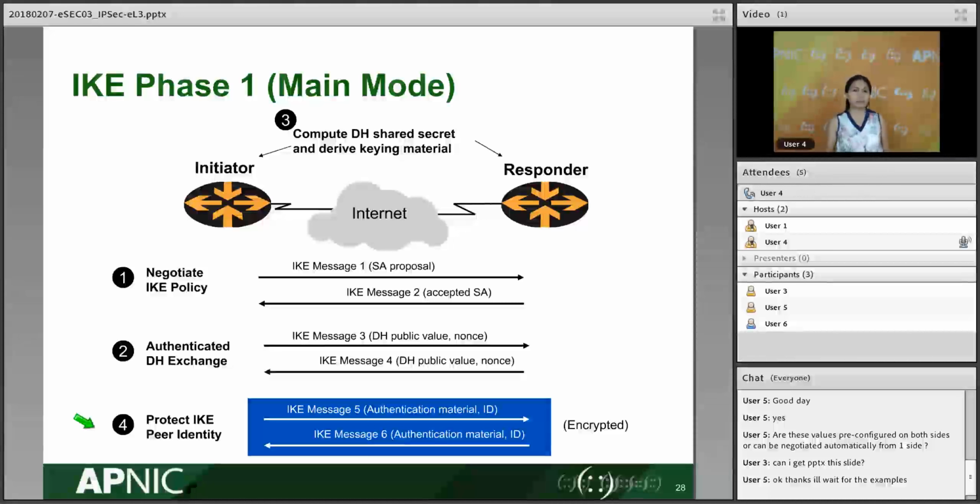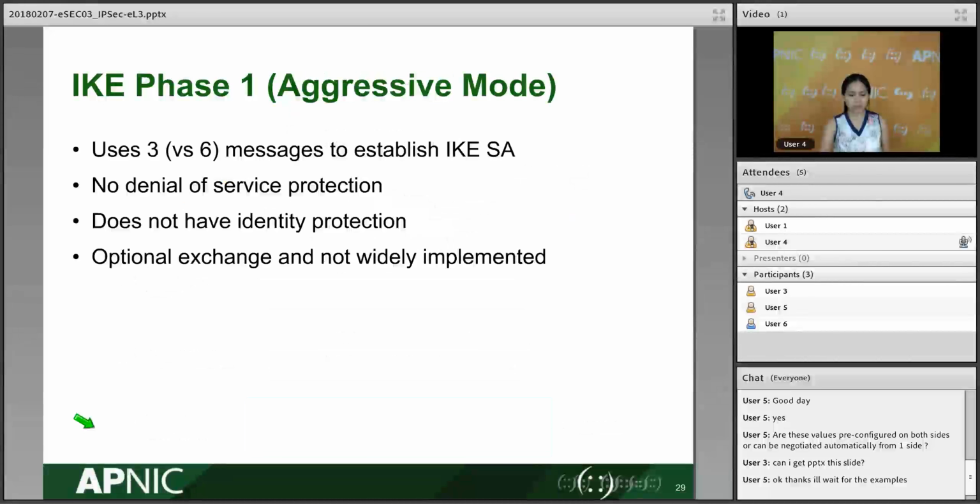So authentication materials, nonces, and key IDs and stuff like that will be provided back and forth here to fully establish phase one. This is only phase one. You already exchanged at least 6 messages between them. However, this last exchange is already encrypted. So only the first 2 are totally public. The last step is fully encrypted already.